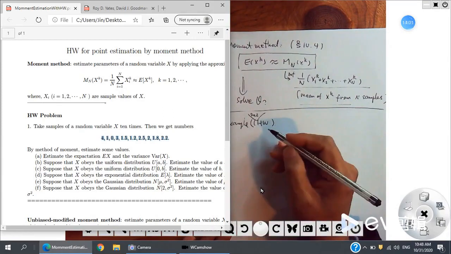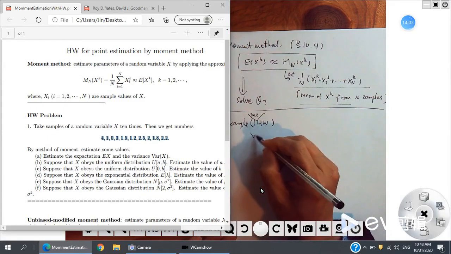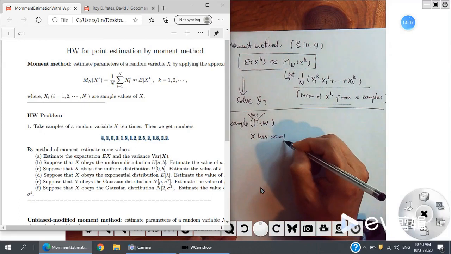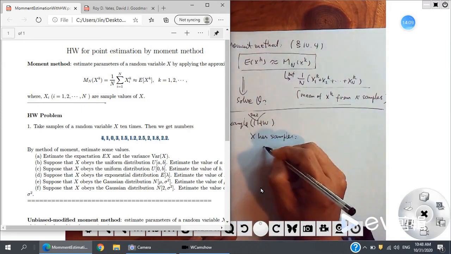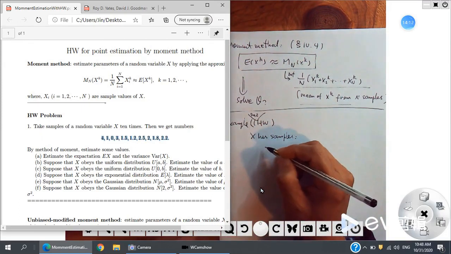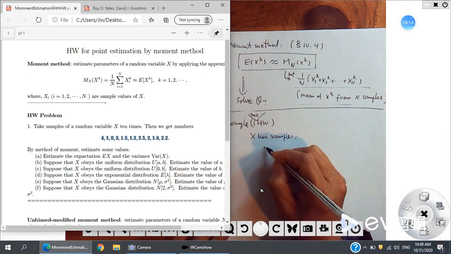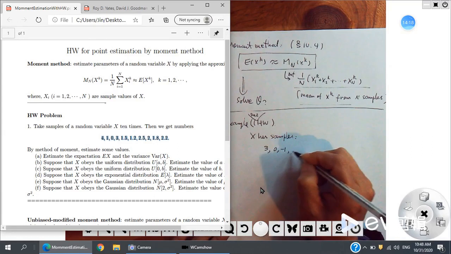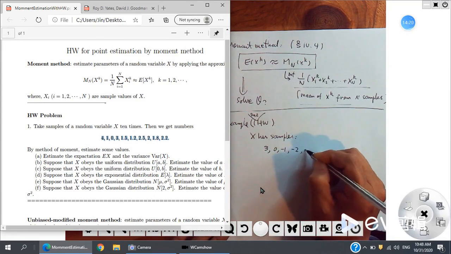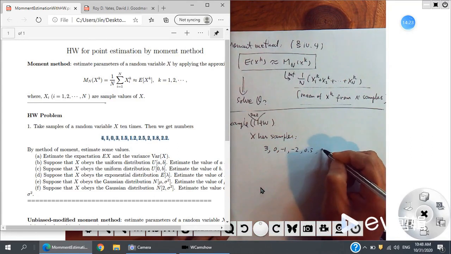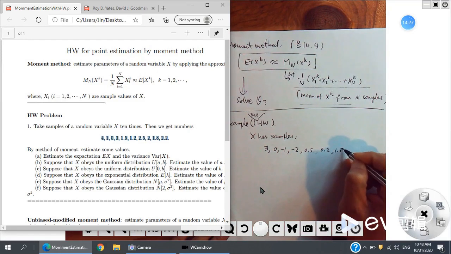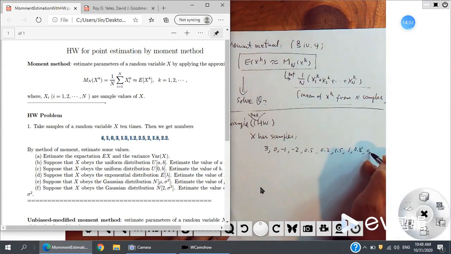Example. So X has symbols. Here I use 3, 0, negative 1, negative 2, 0.5, 0.2, then 1.5, then 1, then 0.8, then 1.2.